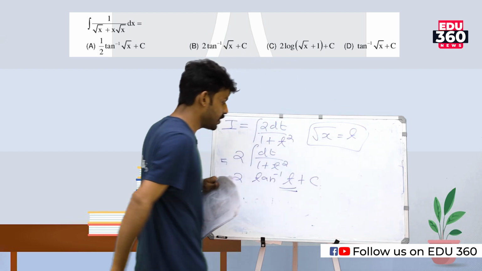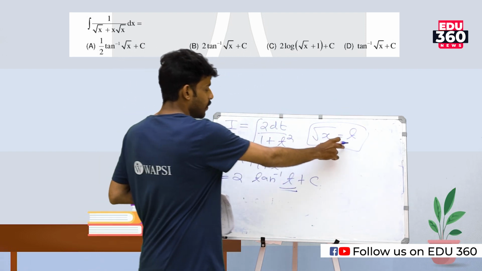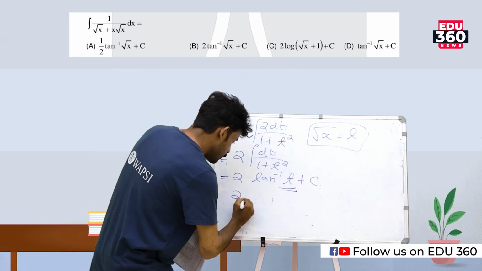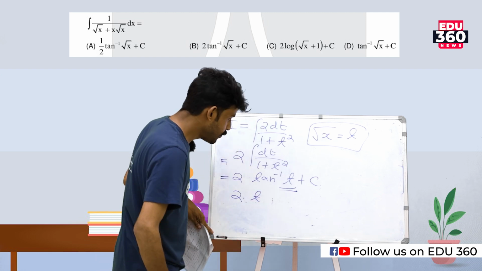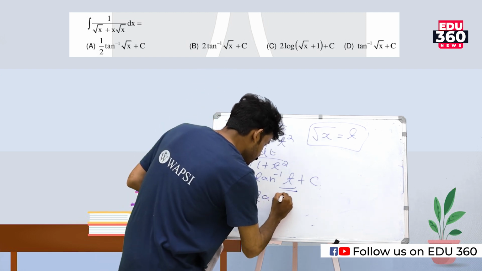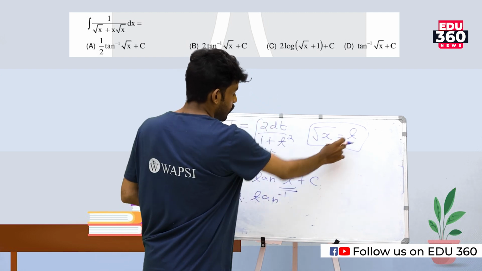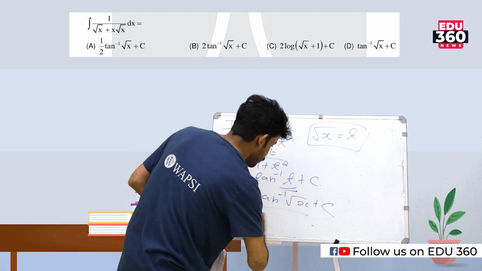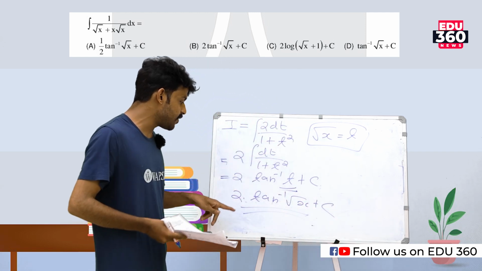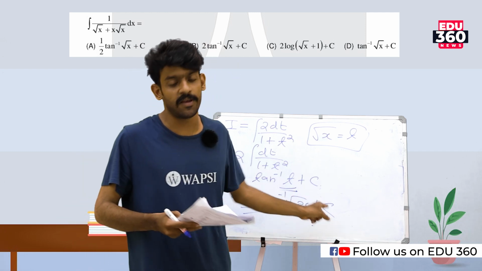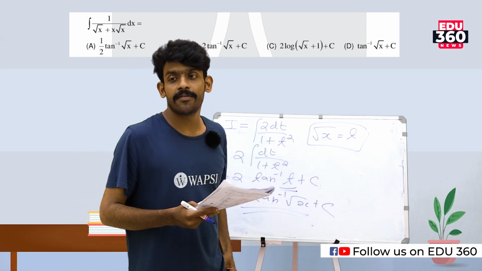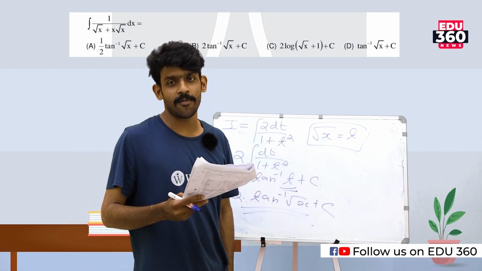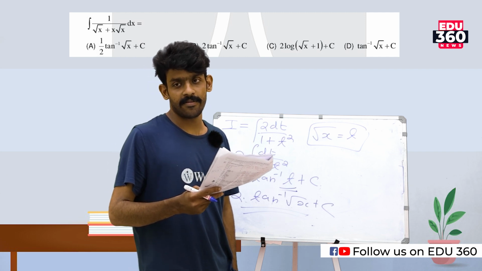So just substitute the value of t here: 2 into tan inverse t, and instead of t we substitute root x, plus c. So the final answer is 2 tan inverse root x plus c. From the given question, option B is the correct answer.